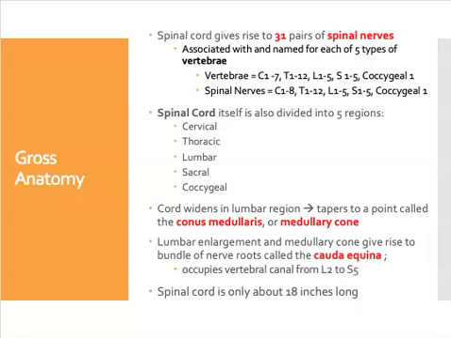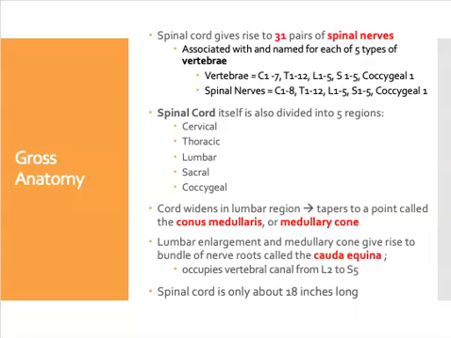These spinal nerves are associated with and named for each of the 5 types of vertebrae. Remember, there are cervical vertebrae, there are thoracic vertebrae, there are lumbar, there are sacral, and there are coccygeal. We use that same terminology to describe the spinal nerves.